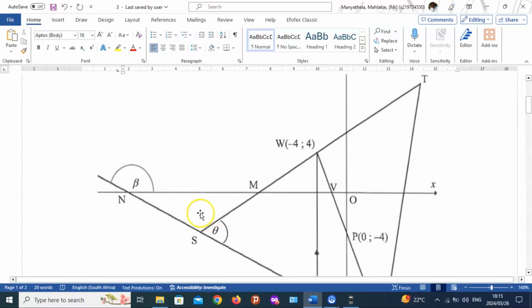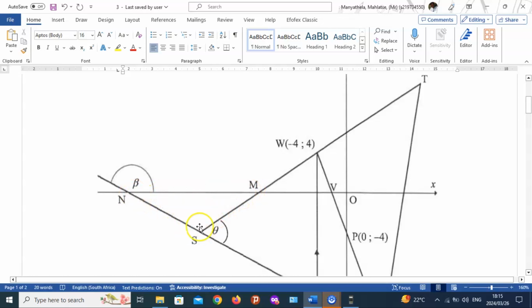Or another way, let me first find angle S in triangle NSM. Once you find S in triangle NSM, we know that interior angles of a triangle are supplementary.